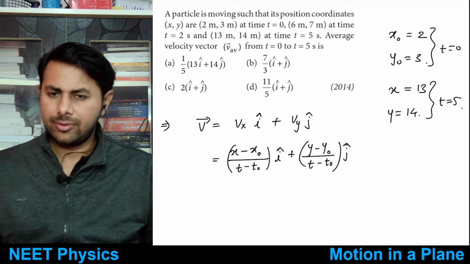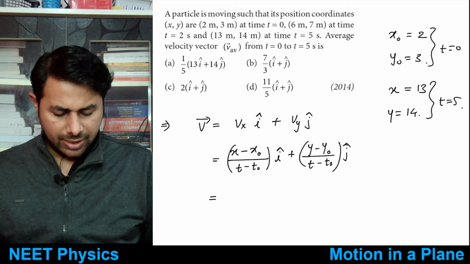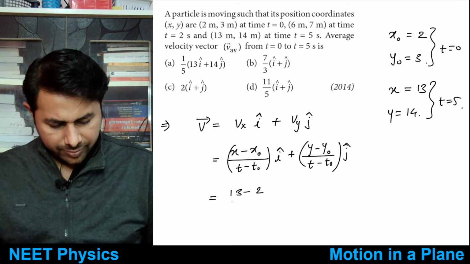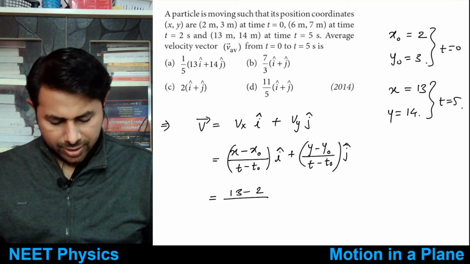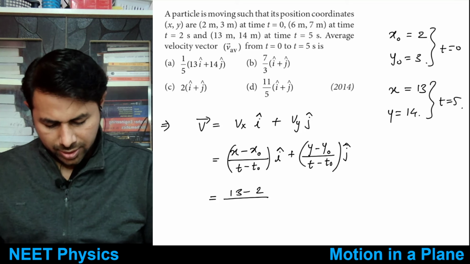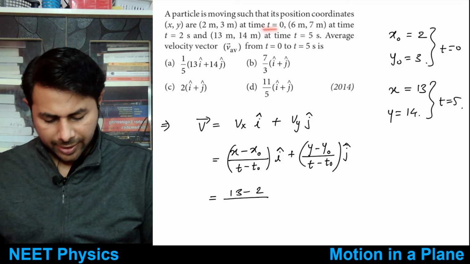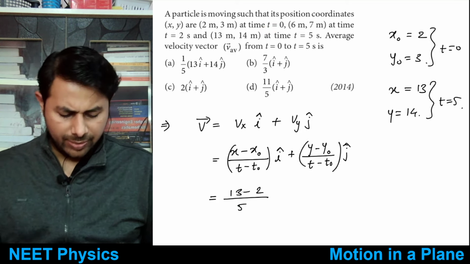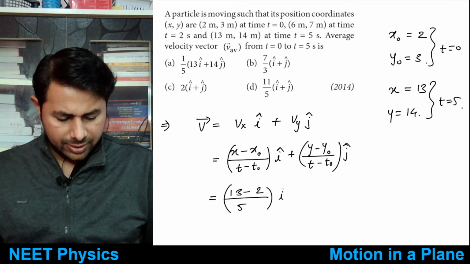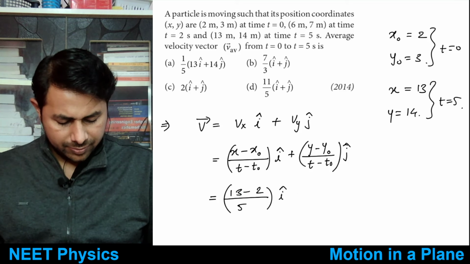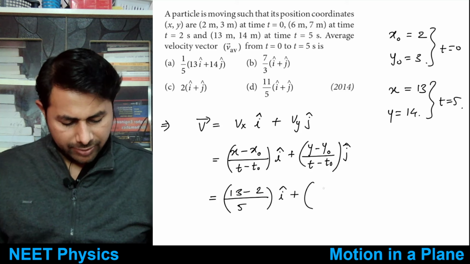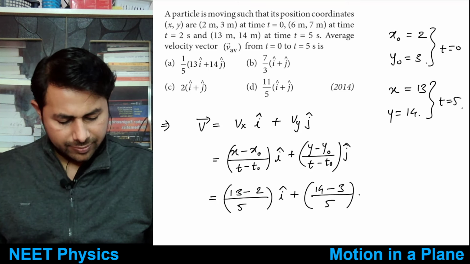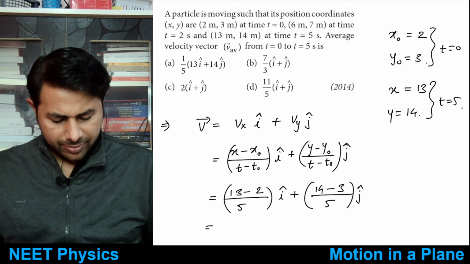okay, into j cap. So that is equal to 13 minus 2 divided by, it's going from 0 seconds to 5 seconds. So time difference is 5, 5 minus 0 means 5. Okay, this into i cap plus y minus y naught, so 14 minus 3 divided by 5 into j cap.